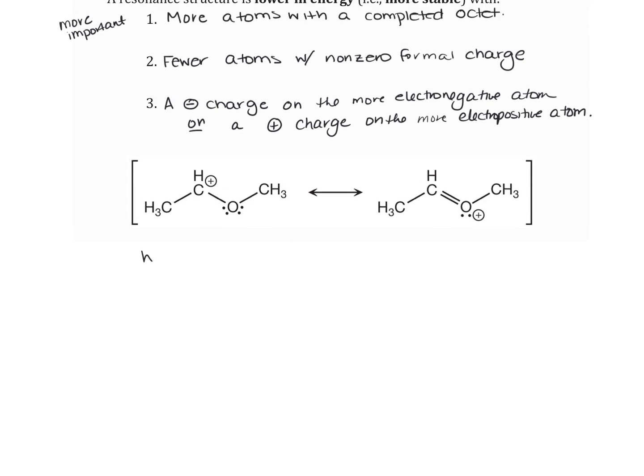The first thing you need to ask yourself is which one has more octets, right? We're just going down 1, 2, and 3. When we compare this molecule to this molecule, we see that this molecule here on the right has more octets. This carbon does not have a completed octet, so it lacks an octet. So the one with more octets is the one on the right.